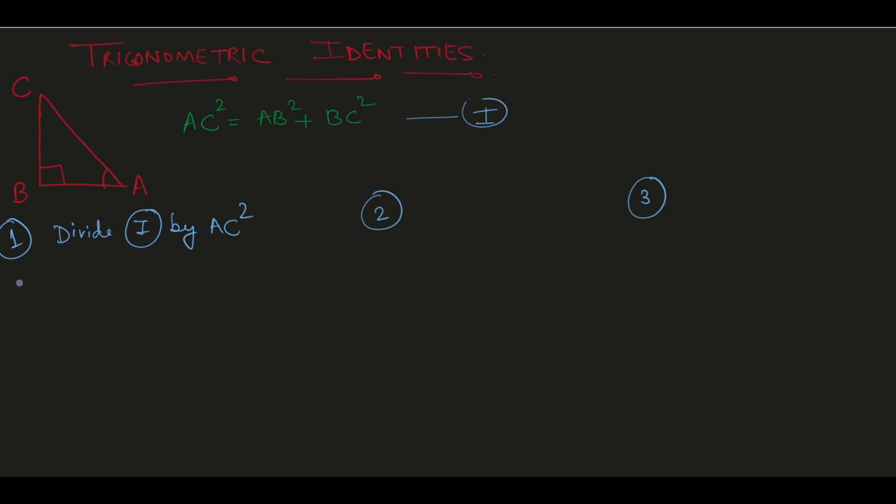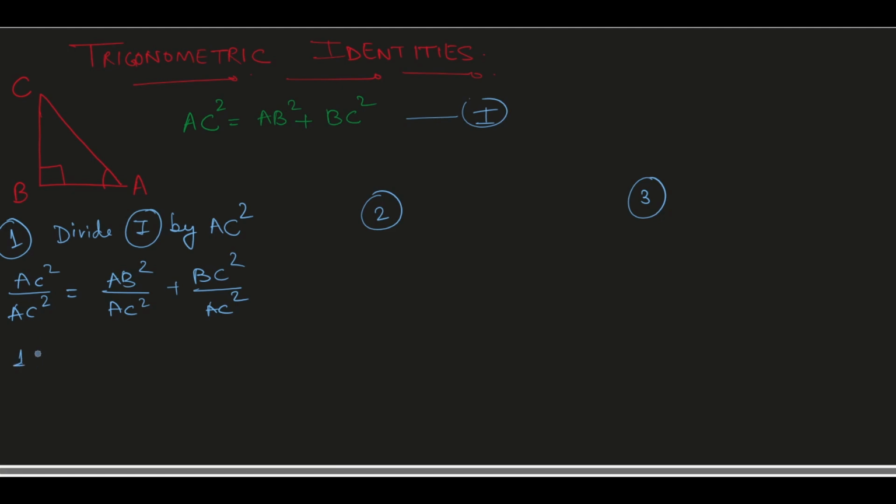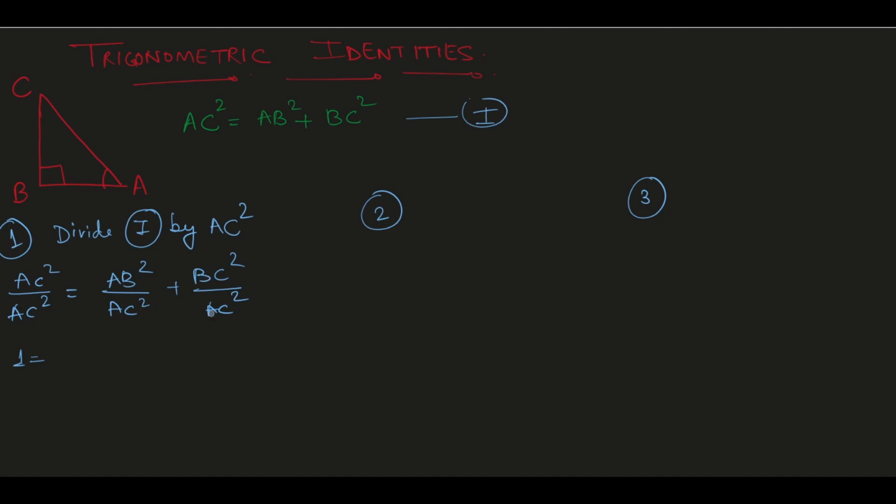The result will be AC square by AC square is equal to AB square by AC square plus BC square by AC square. AC square by AC square gets cancelled out, so we'll get 1. Then AB square by AC square, and here is BC square by AC square.